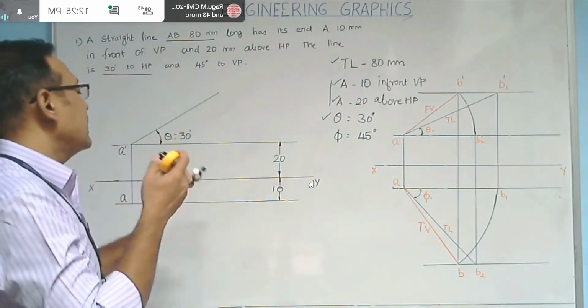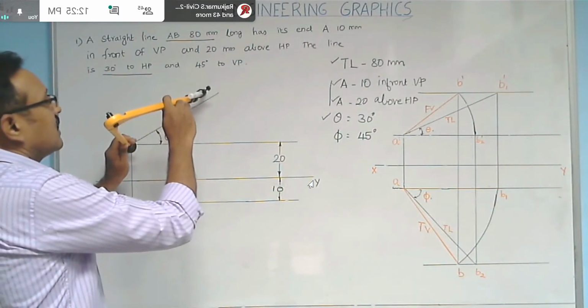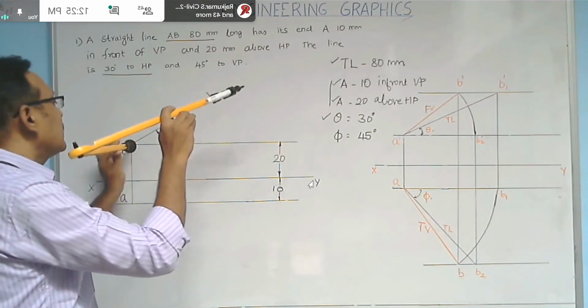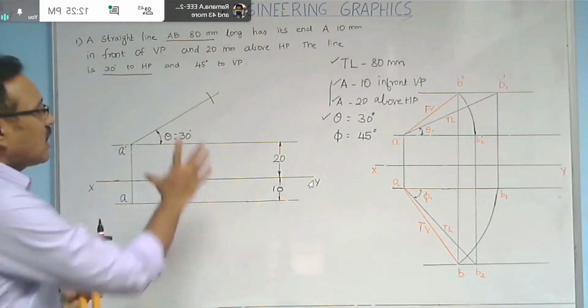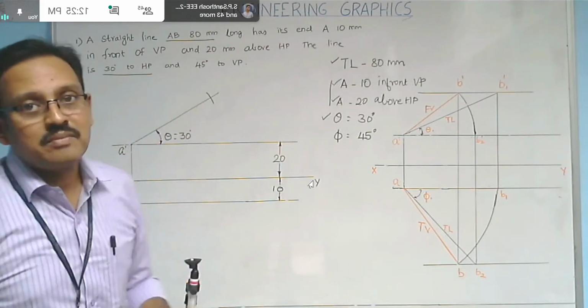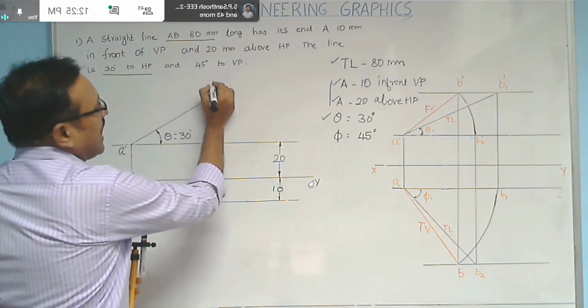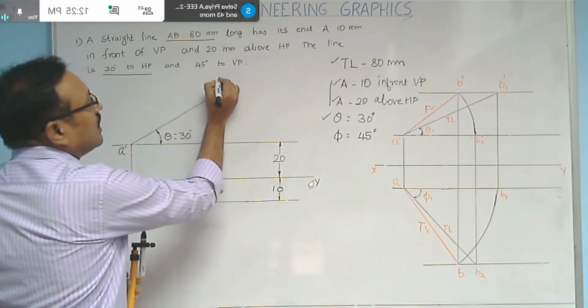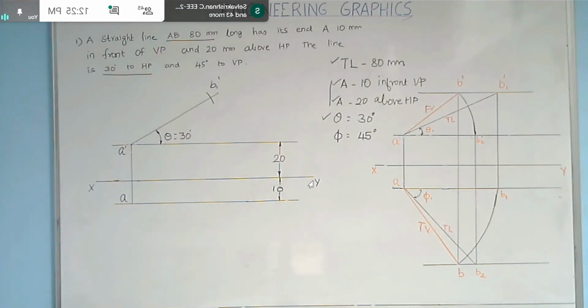With 80 mm as radius, you can cut an arc here. So now this length is 80 mm. You can name this as B1 dash.